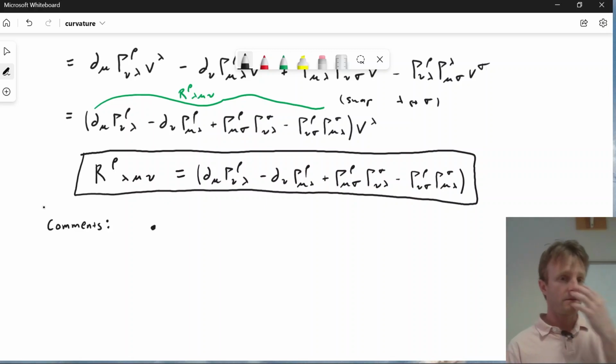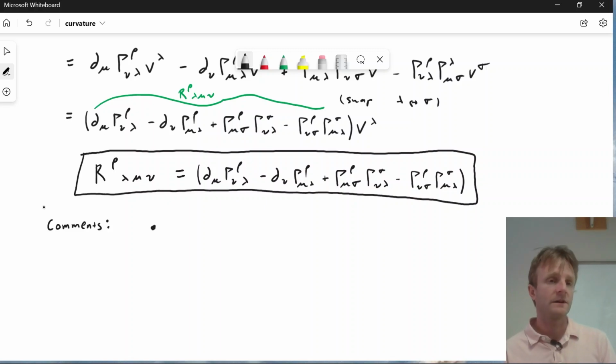And that is why we are guaranteed that when we're done, we get this tensor out that is a good formula, that this formula really holds in any coordinate system. You can calculate the components of the Riemann curvature tensor by getting the Christoffel symbols and then doing these contractions and derivatives.